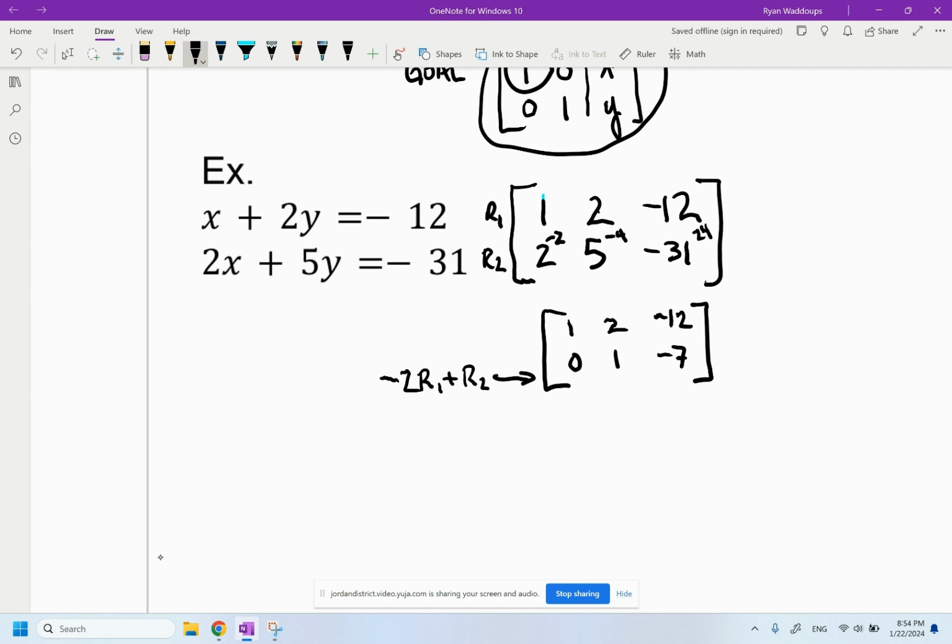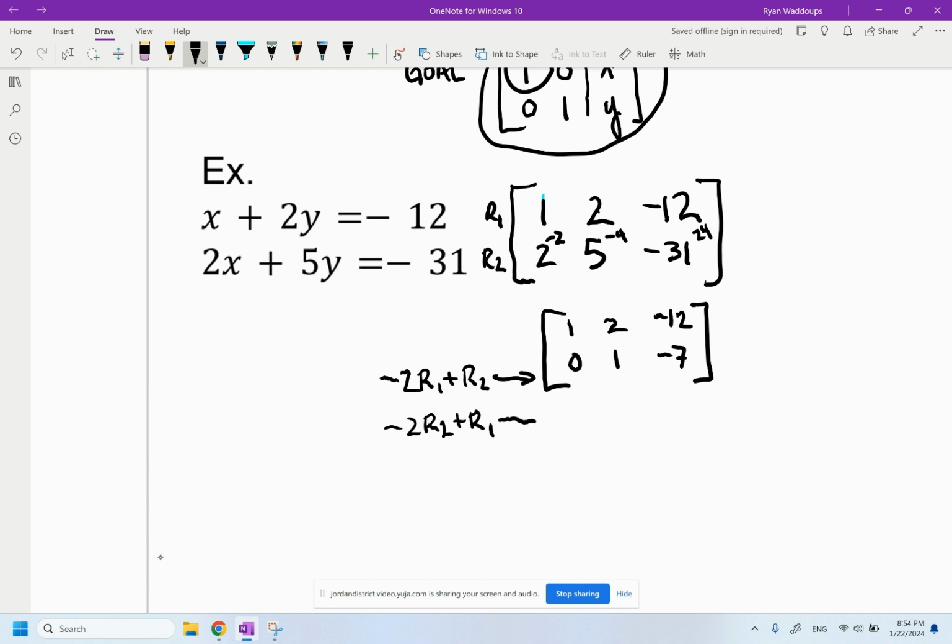Now we want this 2 right here to be 0. What would I multiply this 1 by to make it the opposite of this 2? The same thing applies as in that other example. We're going to multiply it by negative 2. So up here I'm going to have negative 2 times row 2 and add it to row 1.